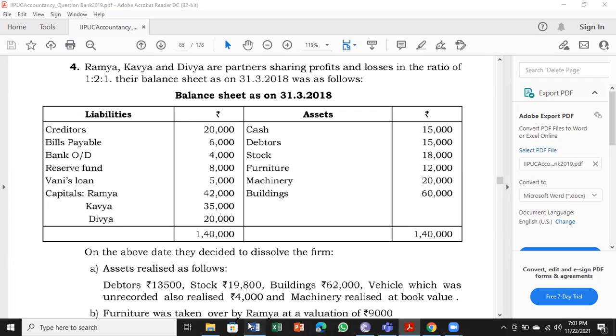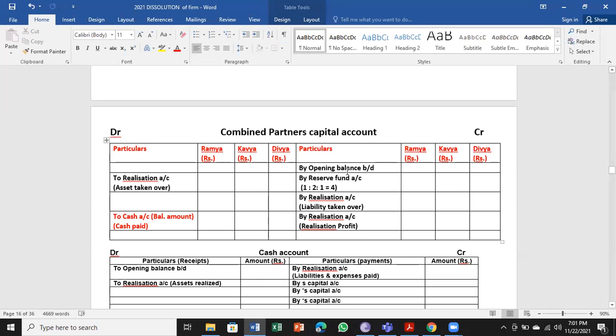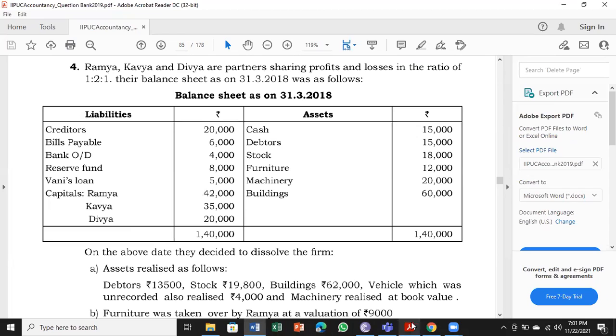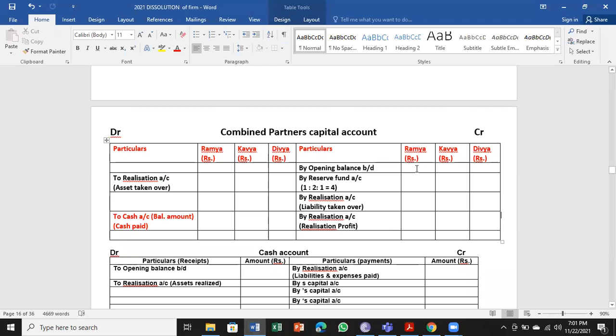Liability side means that comes to the credit side by opening balance brought down. So 42,000, 35,000, 20,000.